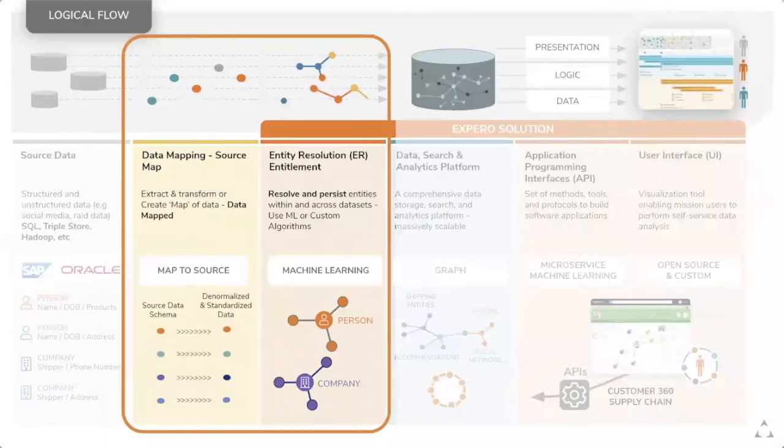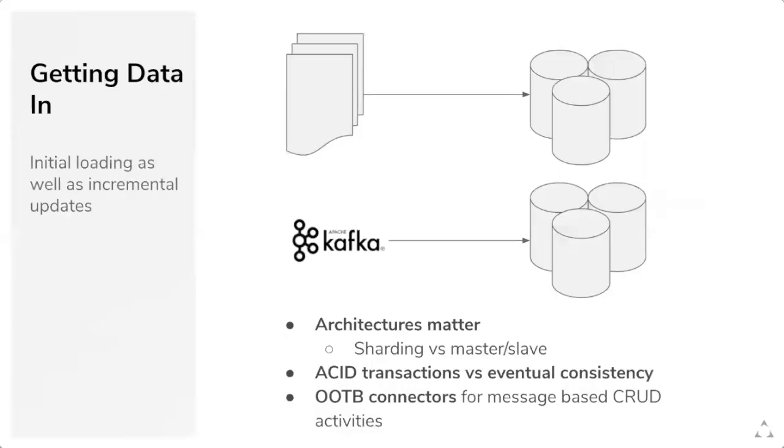So let's look a little bit at, we've picked the graph database. How do we end up going about getting some of this data into the graph coming from wherever it's coming from? Usually what we end up doing is some messaging mechanism, right? So Kafka and Confluent is one of the most predominant ones that we see out in the marketplace, but it does not have to be Kafka, right?